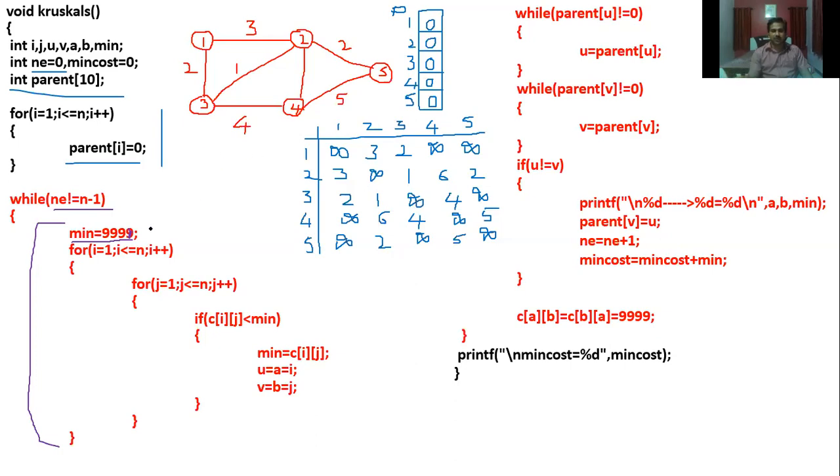For that purpose, initially I initialize the minimum to a larger value, that is infinity, and I am traversing through the adjacency matrix. This is across your row and this is across your column. And T of ij, each and every field will be checked with your minimum value, that is 999, right?